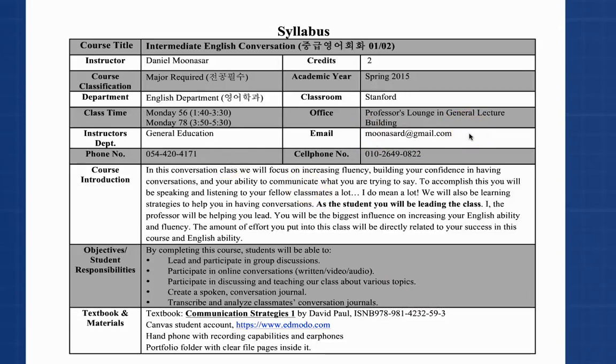Please make sure you know my email address. We'll be using that a lot. And here's my cell phone number. If you want to contact me, please email me or contact me on Canvas. Down here is my cell phone number. Please use that for emergencies only. Please don't call me drunk at 2 o'clock in the morning.